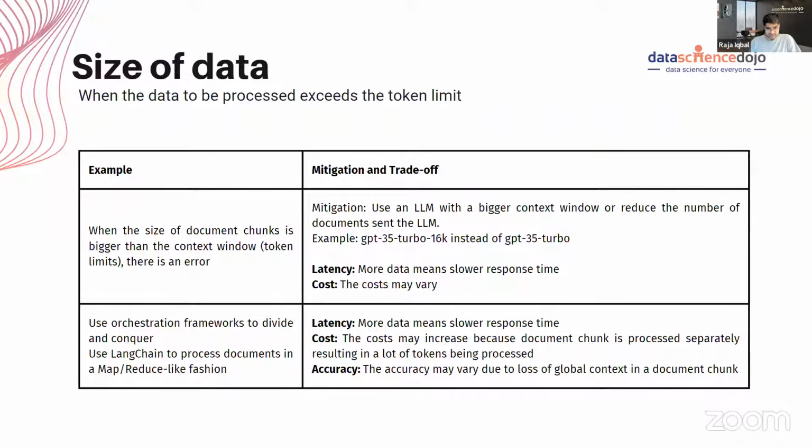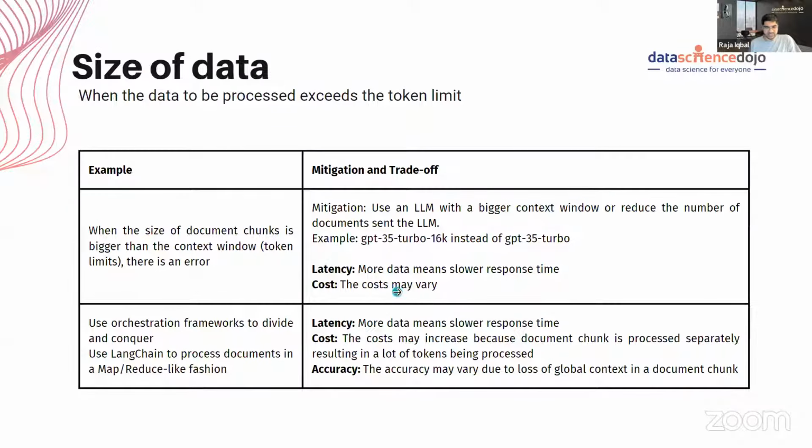Well, the simple answer, if you're trying to tackle this problem, is that you're going to either use a model with a bigger context window, or reduce the number of documents. So you were previously sending 20 documents for inference, and now send 15 documents and stay within the context window, right? Now, when you do this, more data means slower response time, and the cost may vary, right?